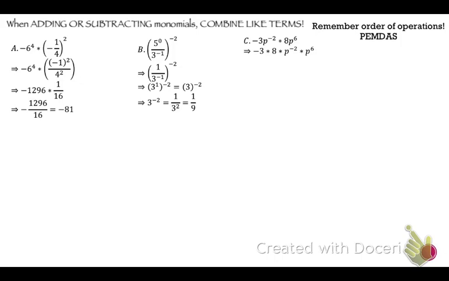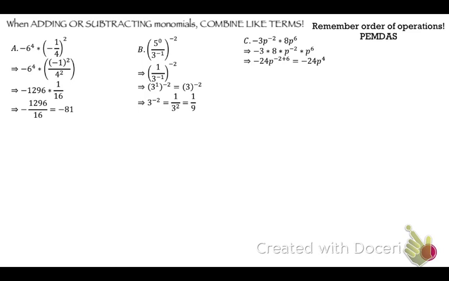Well, I can rearrange that. So that's negative 3 times 8 times p to the negative second times p to the 6th. Okay? Now, negative 3 times 8, that's negative 24. But p to the negative second times p to the 6th, that's the addition rule. So that's p to the negative second plus 6, which is negative 24 p to the 4th power.